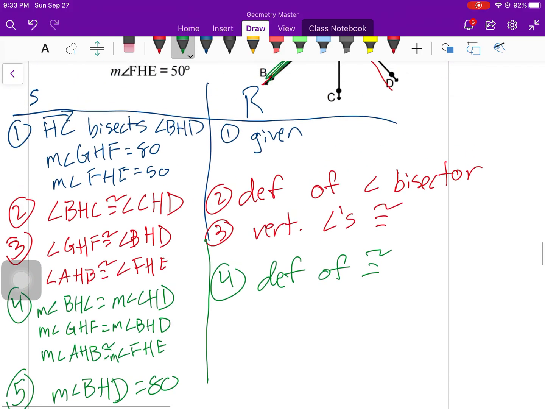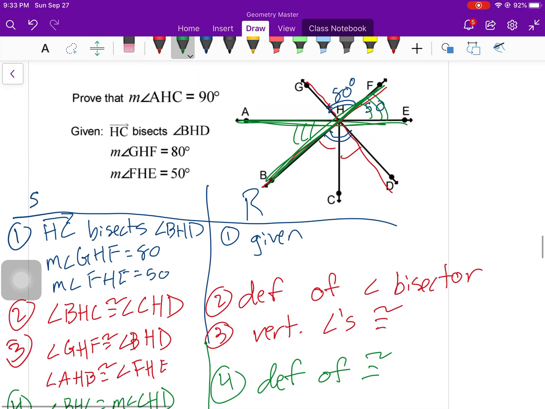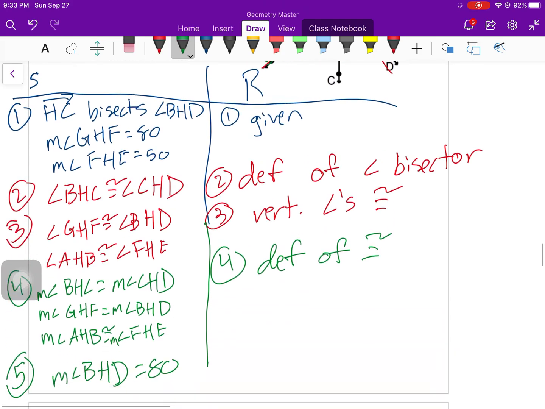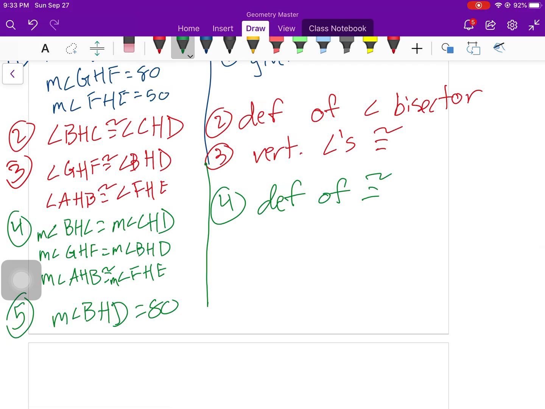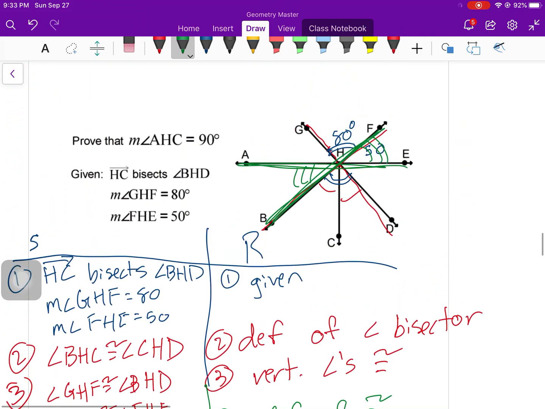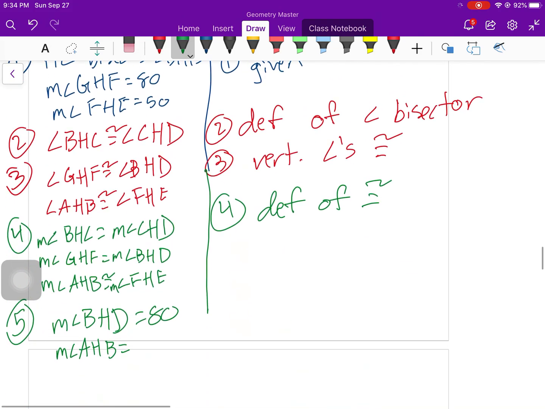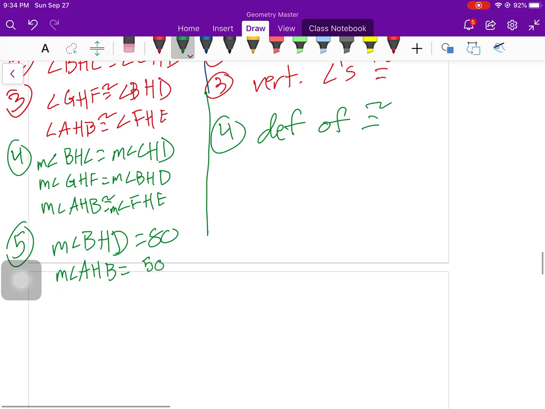That's my transitive property or substitution since it's an equal sign. And I know these last two angles, the green ones, are going to be the measurement of angle AHB equals 50 degrees. Again, that's our transitive, or you could use substitution.